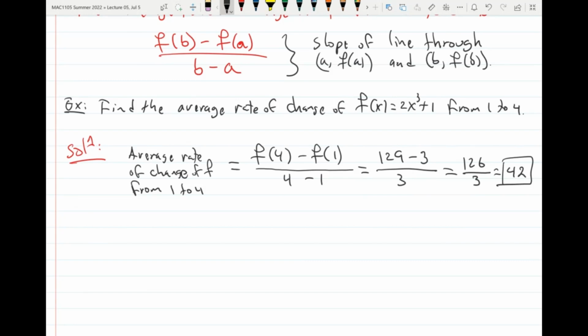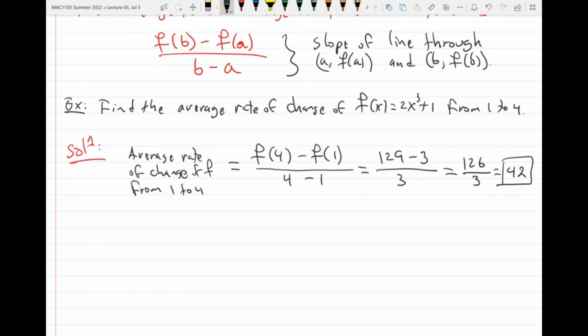Okay? So again, if this was, for example, a physics problem, and this happens to be a function that models the position of a certain particle, then what we are saying here is, let's say over the time measured in seconds, that over this interval of time, from 1 to 4 seconds, the average velocity or average speed was 42.